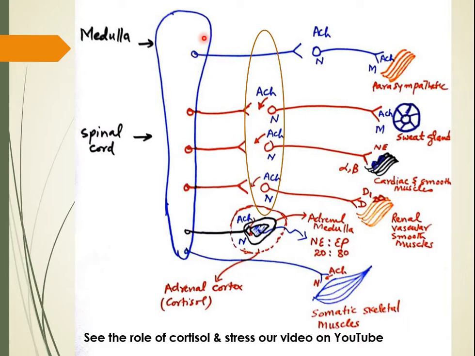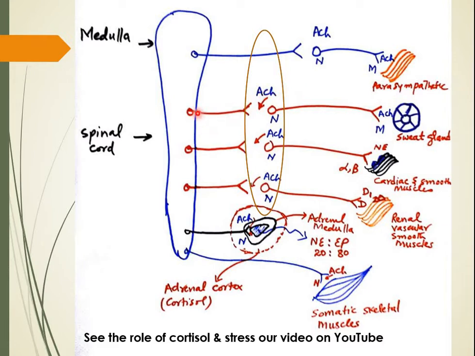The preganglionic nerve is long, there is a ganglion in between, and then the postganglionic nerve is short. At the postganglionic level it releases acetylcholine, where the receptor is muscarinic, and this is the parasympathetic division of the autonomic nervous system.